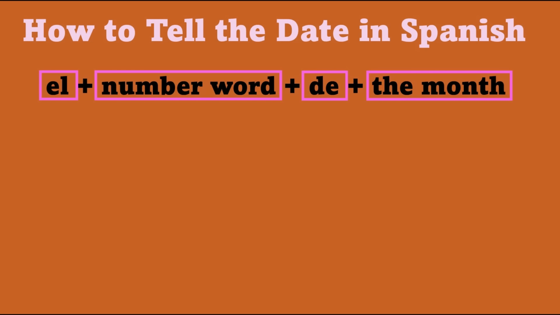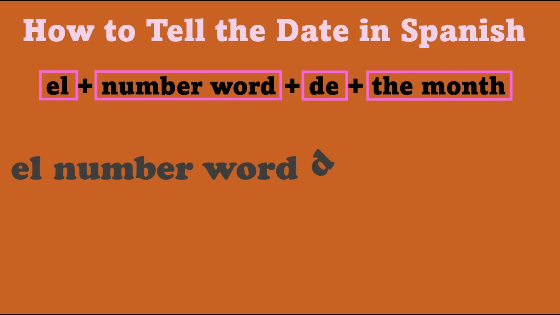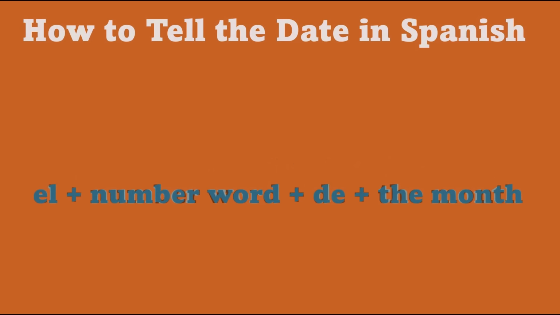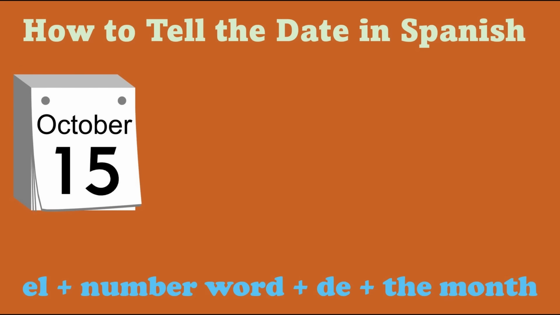Again, that's el, number word, de, and the month. Make it a rhythm. El, number word, de, and the month. Got it? Good.